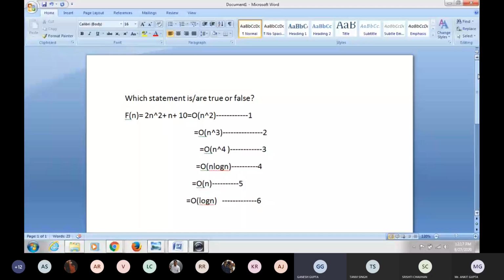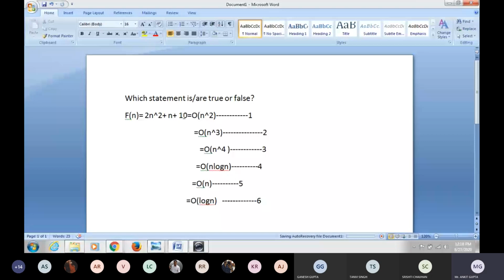Sir, first is true. Okay, and the second? Sir, false. Why? f(n) less than or equal to C into g(n). n square less than or equal to n cube, is the condition true or false? f(n) is 2n square plus n plus 10, so I can say that the upper bound is n square for f(n). Big O notation always gives the upper bound.